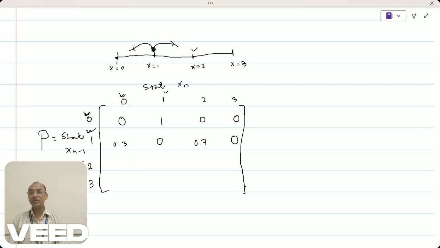Now let us consider our present state is 2. That means now the man is at the position x equal to 2. So if he is at x equal to 2, he can move right to reach x equal to 3, or he can move left to reach x equal to 1.